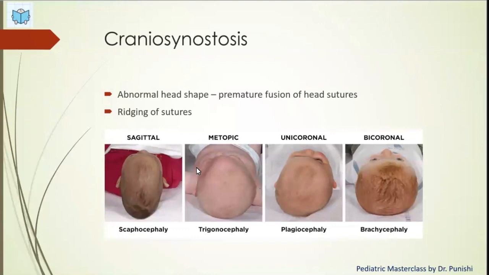Just to give you an example of different head shapes, you have scaphocephaly, trigonocephaly, plagiocephaly, brachycephaly. What is more commonly seen in a case of CP is plagiocephaly. Because these kids are more immobilized, sometimes they're not even able to lift their head up.